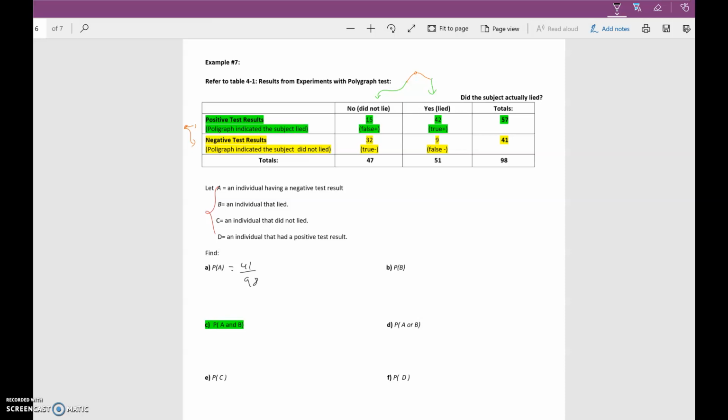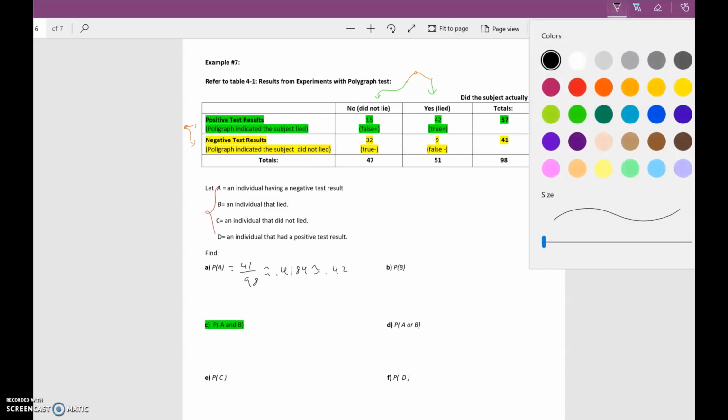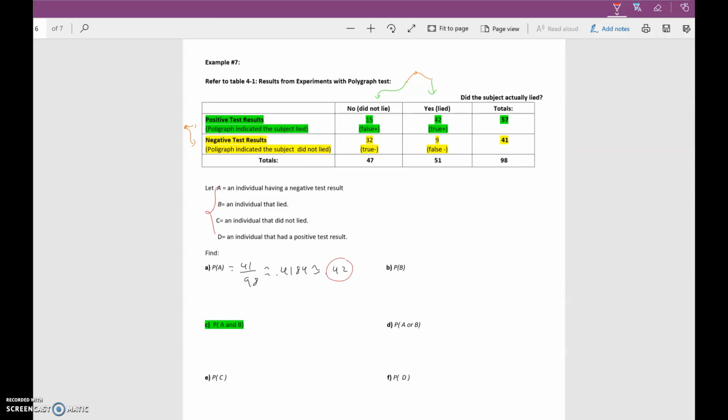If it's not stated, pick anywhere between 2 to 4 decimal places. So 41 divided by 98 is approximately 0.4184, so 0.42. Whoops, it's supposed to be 0.42. Let me fix it.